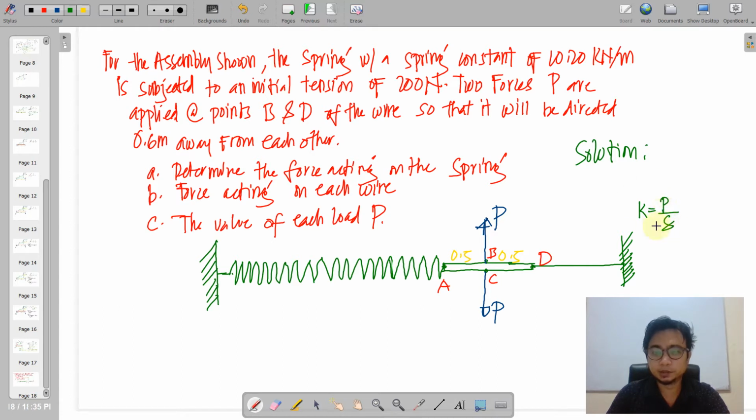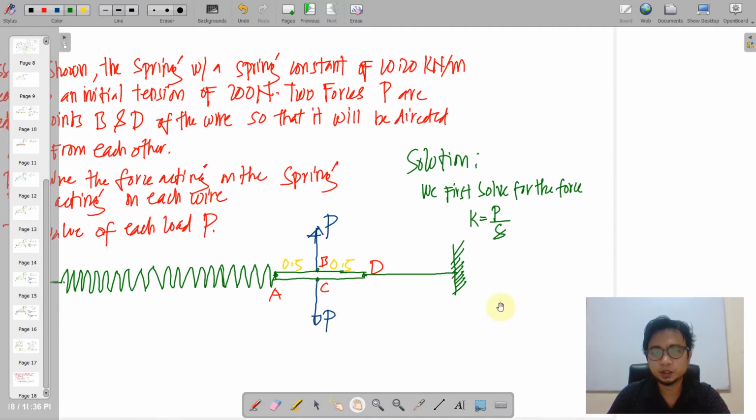So this is on the provision that we first solve for the force on the spring. So if we have a value of K here given, it is implied that there is already force on the spring aside from the mentioned initial tension of 200 Newton.